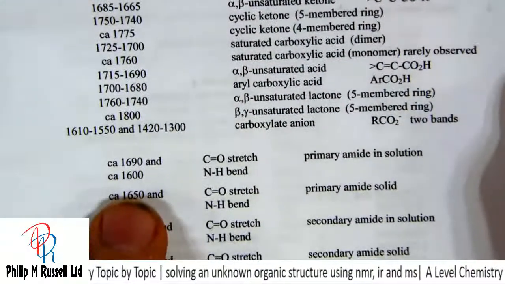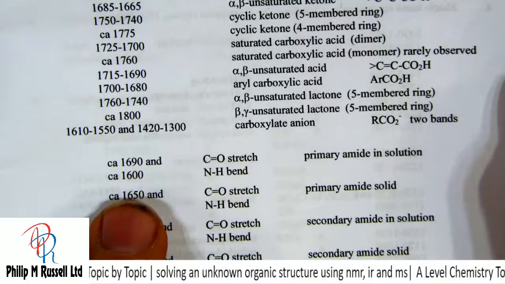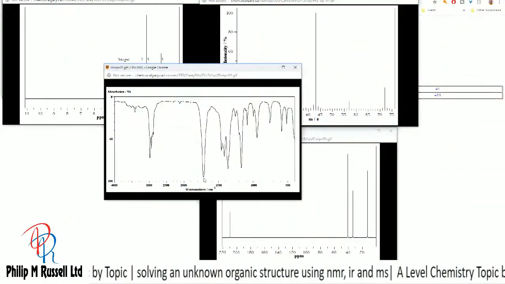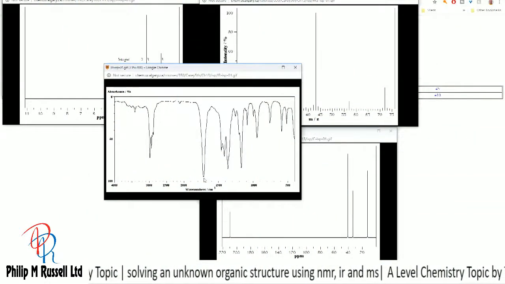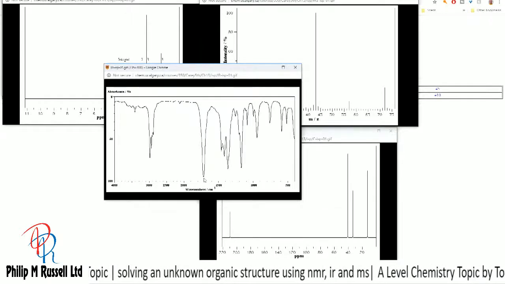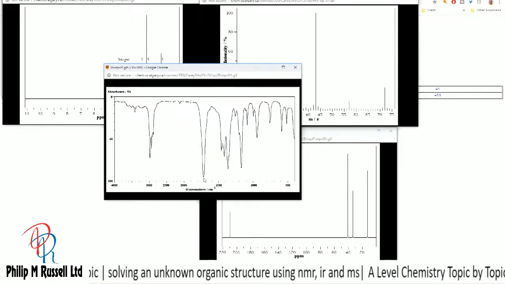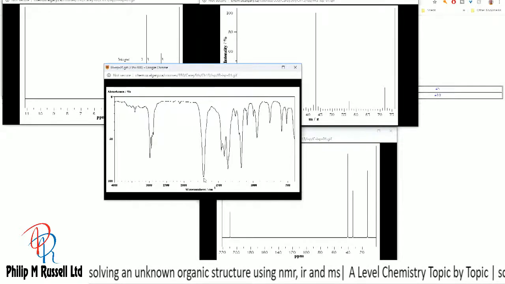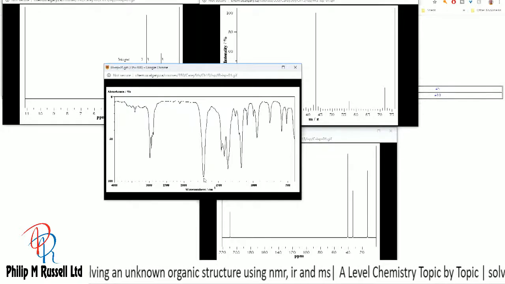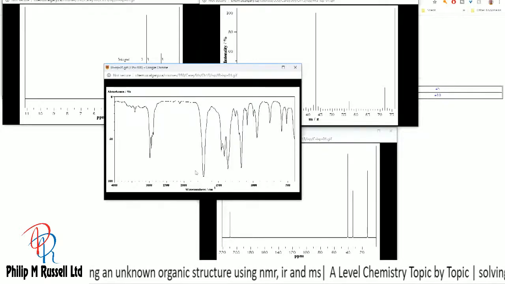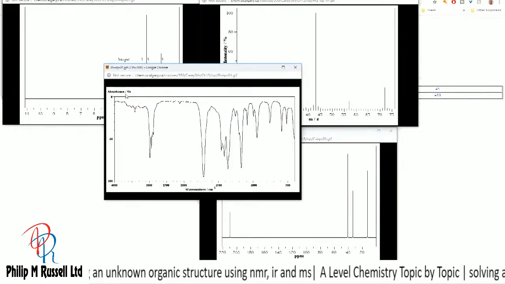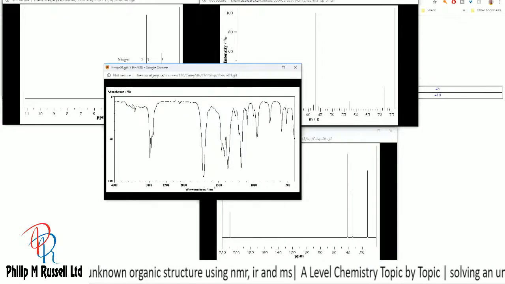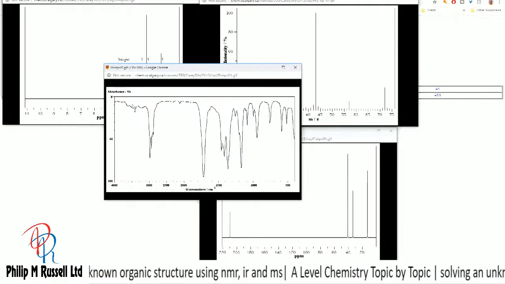So about 1600. I don't have anything here at 1600, so it's probably not an NH. NH would also be around 3200, and OH at 36. I'm not seeing much at that point, so it doesn't look like I've got an OH, and it doesn't look like I've got an NH.